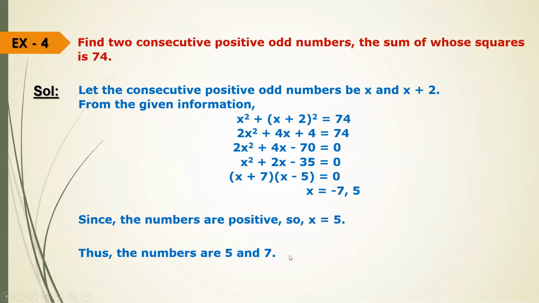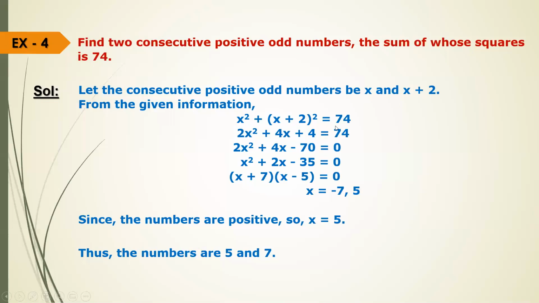Children, I told you earlier also many times, in the board exam 1 mark is for writing the final answer. In this type of question, this is how marking will be done. The first mark will be for assuming the correct consecutive positive odd numbers, meaning for writing x and x plus 2.